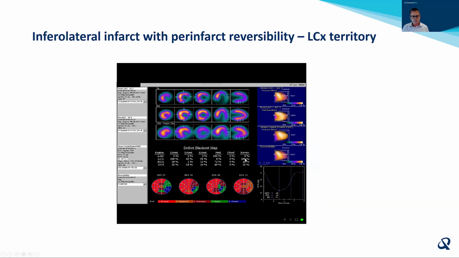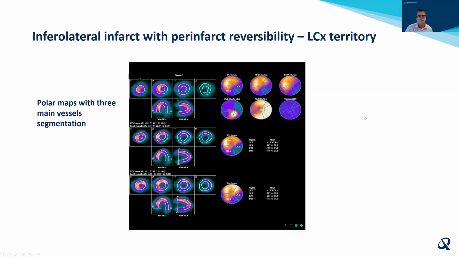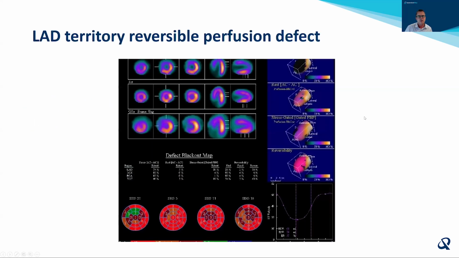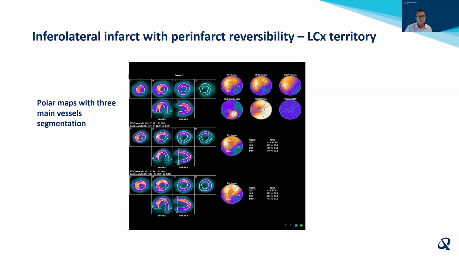It involves the entire infralateral segment after stress. Now, this is just an example of the same patient. This is polar maps with the vessel territory. So you can see that it involves the left circumflex territory predominantly.